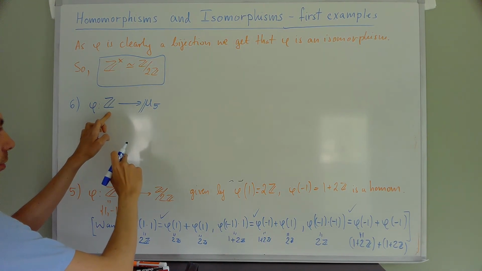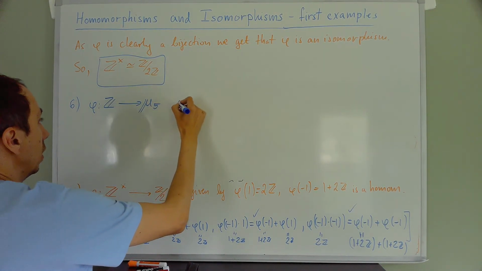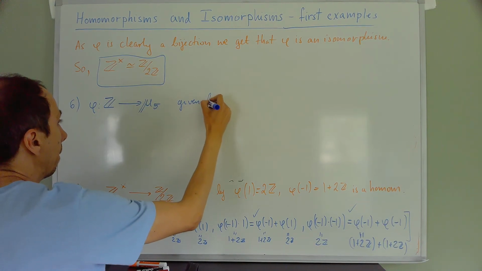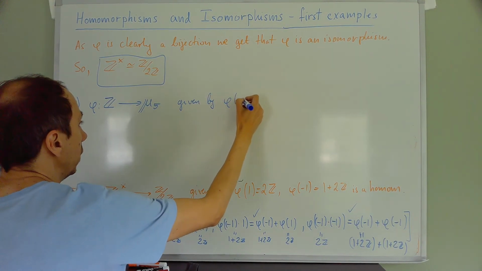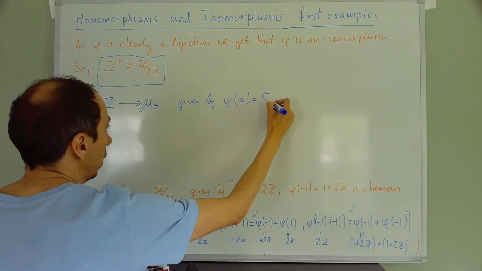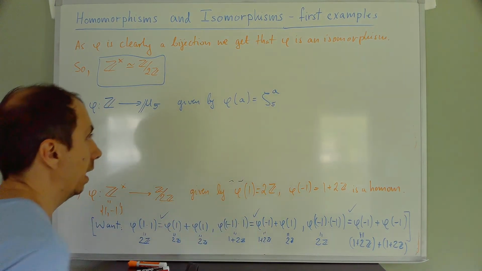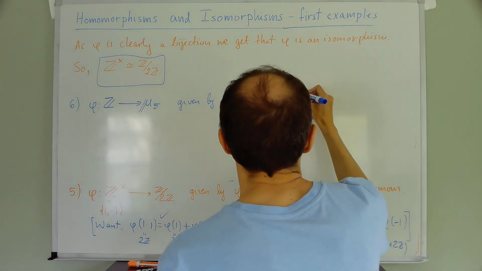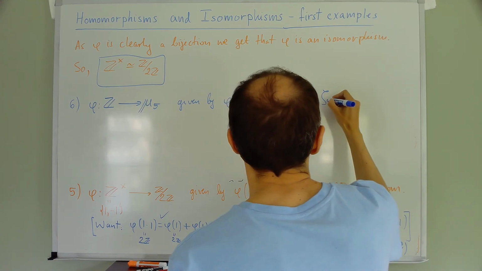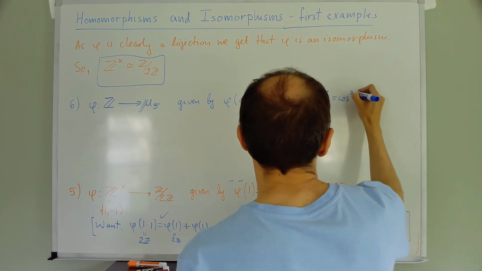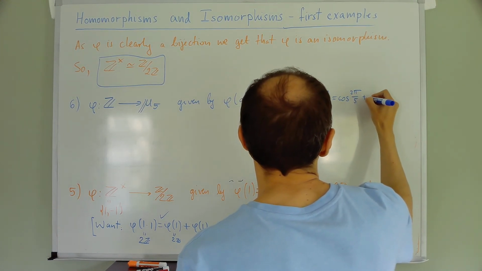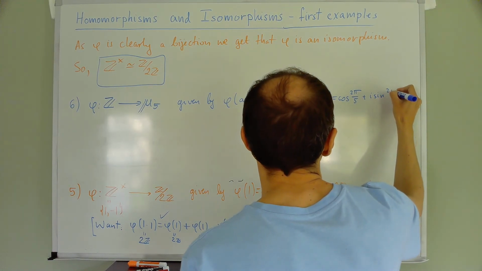Remember the operation here is addition, here it's multiplication, given by phi of a is zeta 5 to the a, where zeta 5 is cosine 2 pi over 5 plus i sine 2 pi over 5.